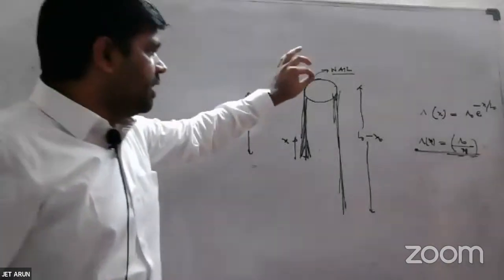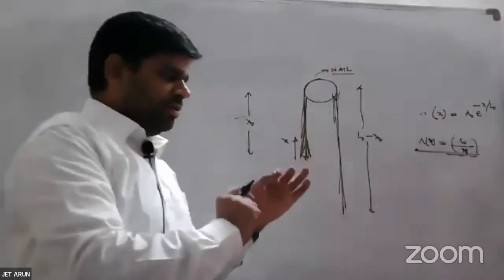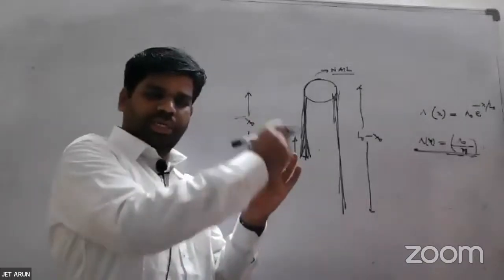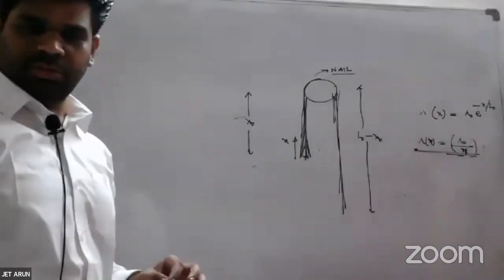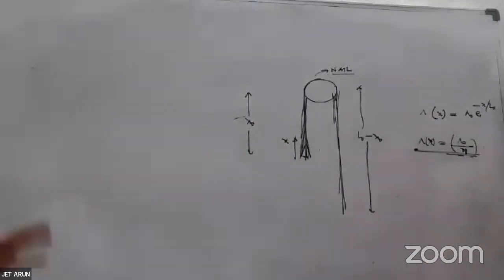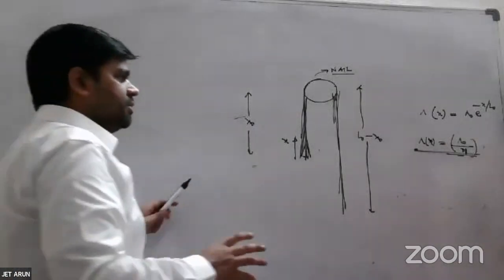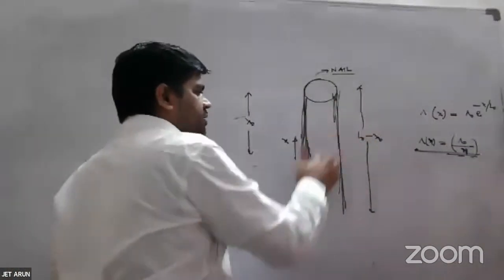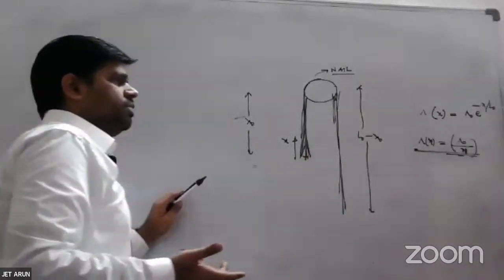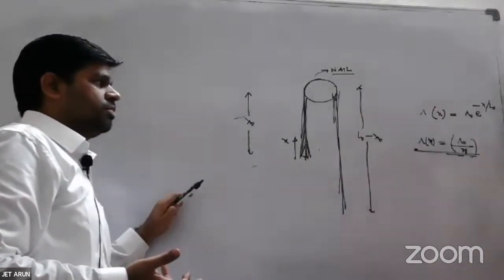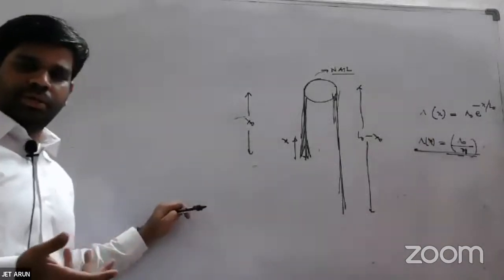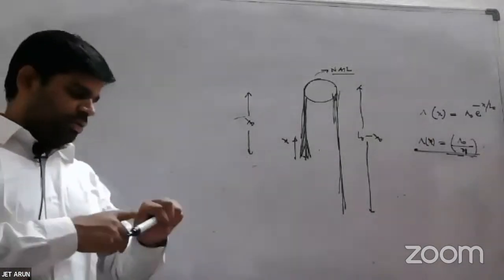But it's a small nail on which there is a thread hanging over the nail. So how do we do this? All I have to do is this. Mass on this part should be equal to mass on this part. That's what I have to do. You all agree with that?